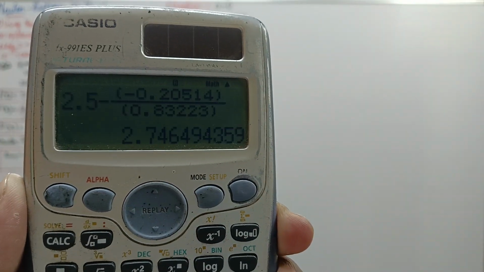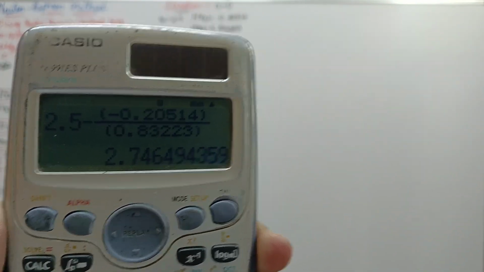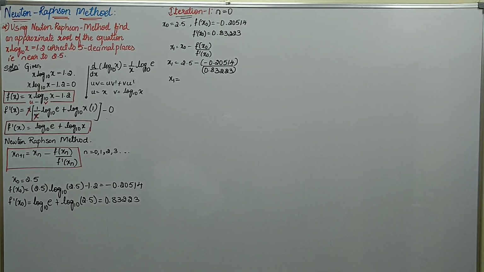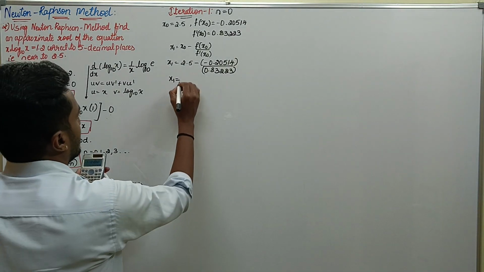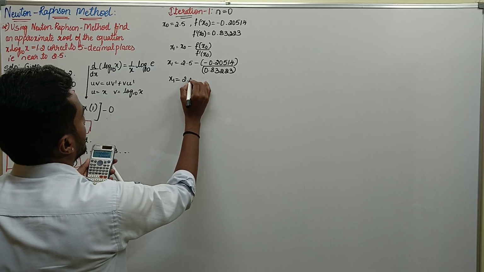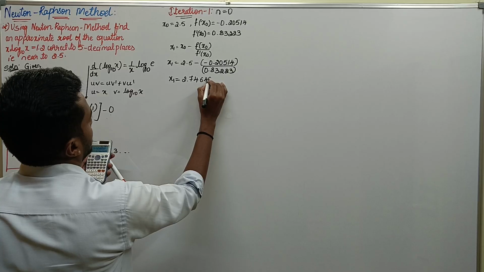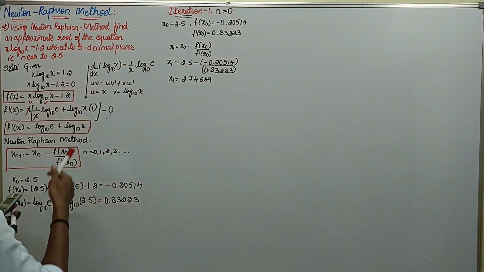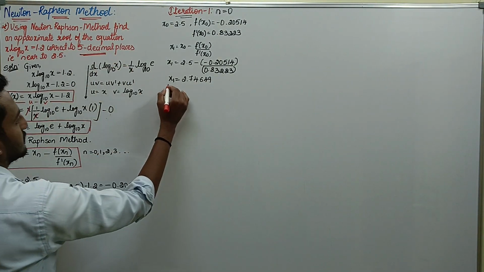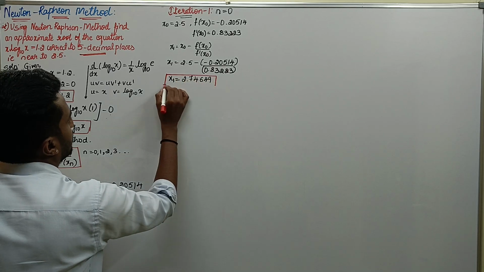Press equals, you get 2.7464. The x1 value is 2.74649. Since they have asked till 5 decimal places, we are going to represent it to 5 decimal places.